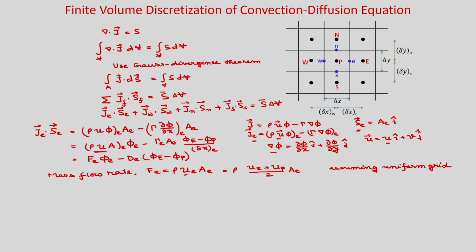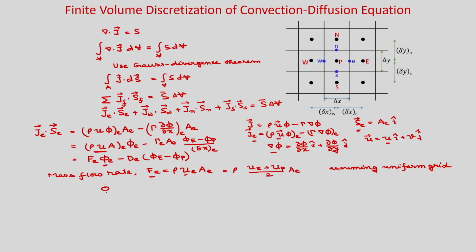Now F is the mass flow rate and phi_e is the value of phi at the face center. This is also unknown, right? Phi is also unknown, because you are solving phi only at the cell centroids, but you need to find the value of phi at the face center small e.